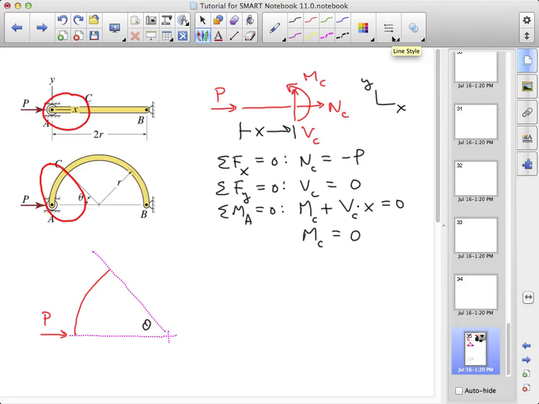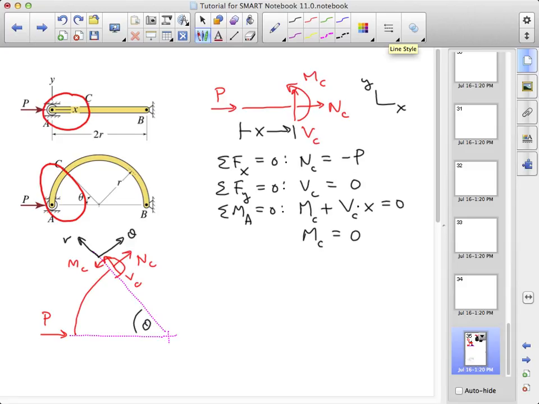Our angle theta is here, and we'll be better off using an r theta coordinate system. We'll have a normal force, shear force, and a bending moment.